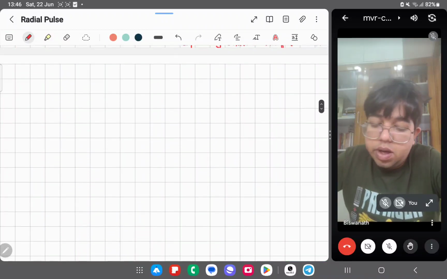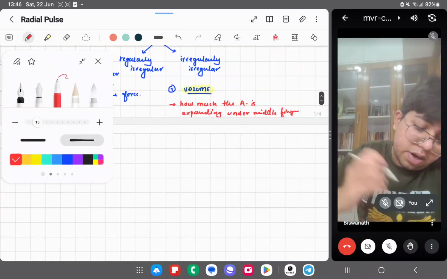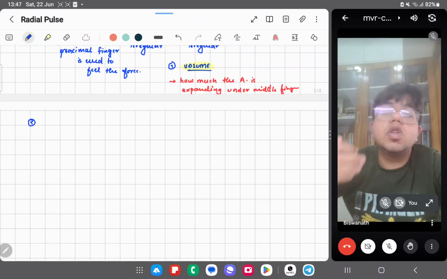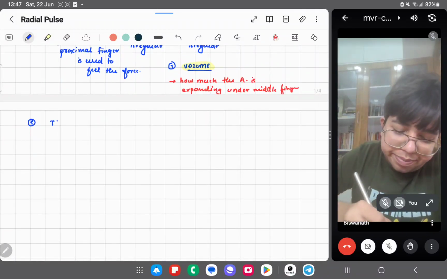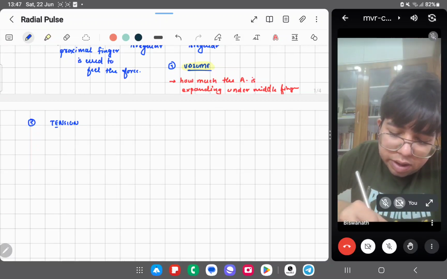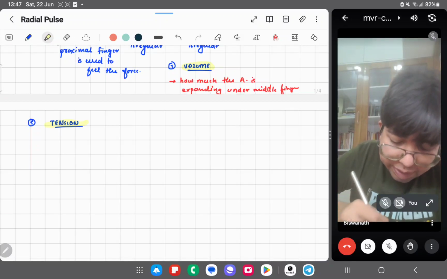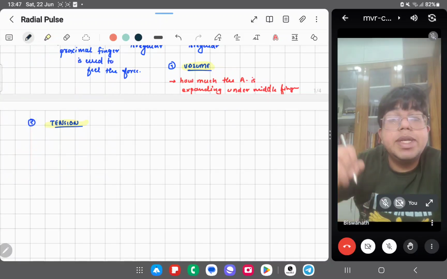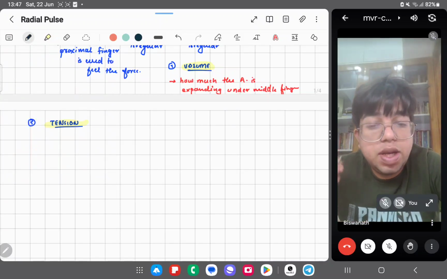Then let's come to the fifth one after volume. The fifth one is tension. This is not the tension you get during exams. This is basically the measure of the diastolic pressure.